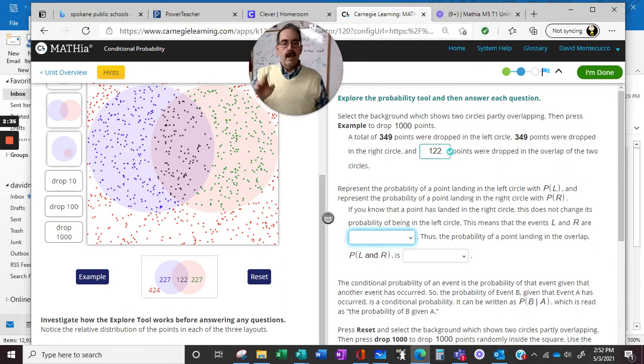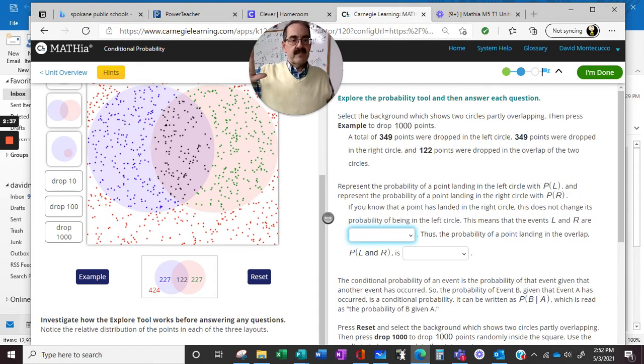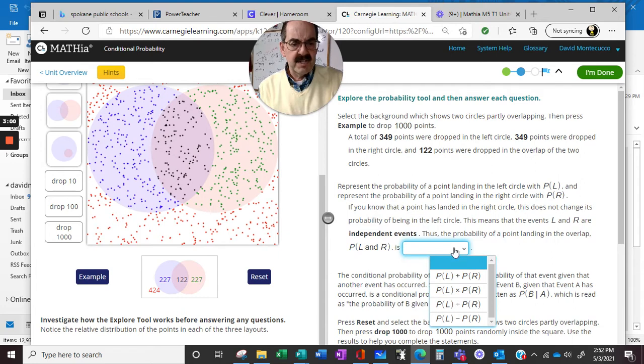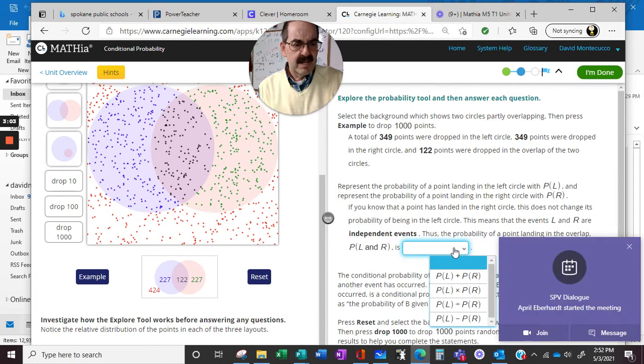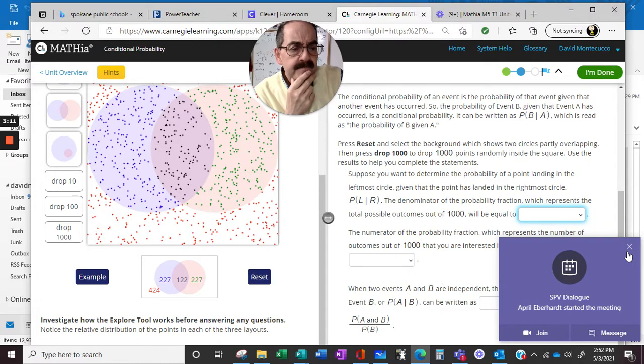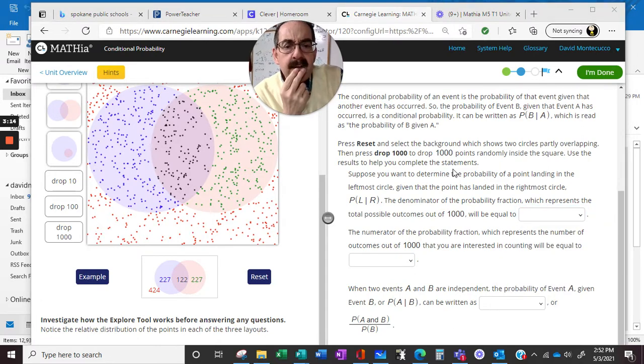Now, represent the probability of a point landing in the left, and the probability of it landing in the right. If you know that a point landed in the right circle, this does not change its probability of being in the left circle. This means that L and R are independent events. Thus, the probability of a point landing in the overlap is the product of the two probabilities.